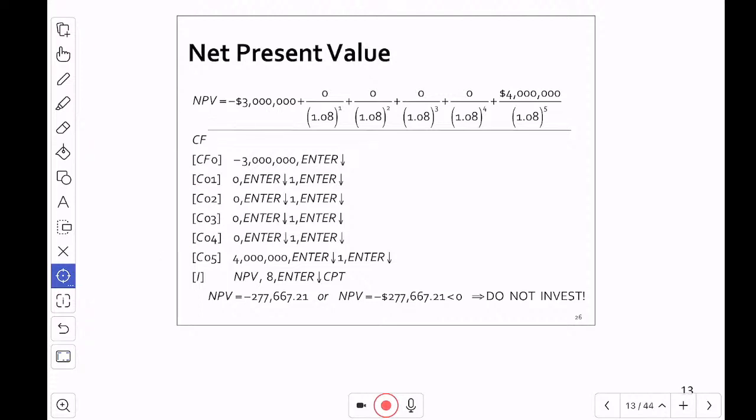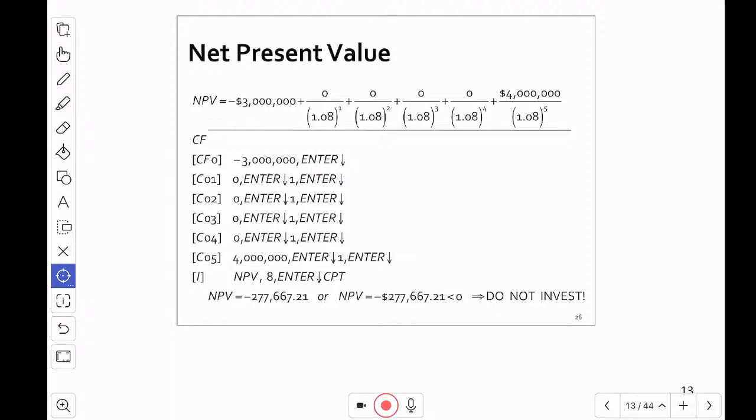The first way is the way I've illustrated here, where we're going to use the CF worksheet, the cash flow worksheet. And we're going to put a placemark for every year, even though there aren't cash flows there. We have to tell the calculator that we're not getting anything or spending anything in those years for this investment. Just the initial investment. And the way we enter it is 3 million with a negative, enter, and then down.